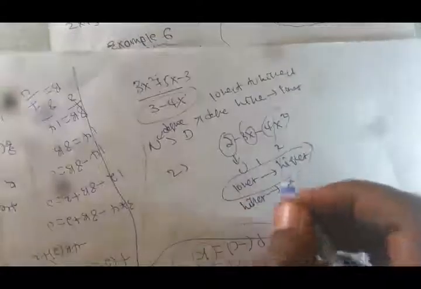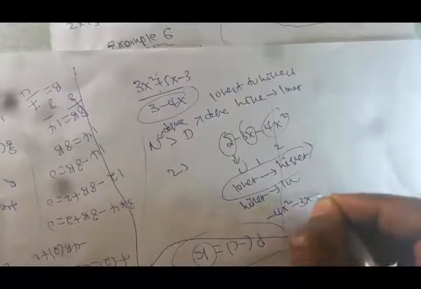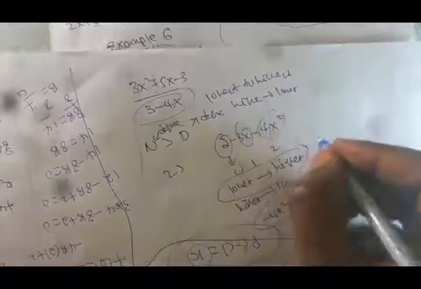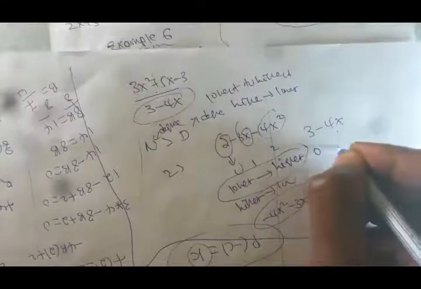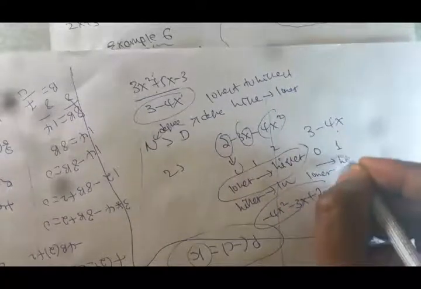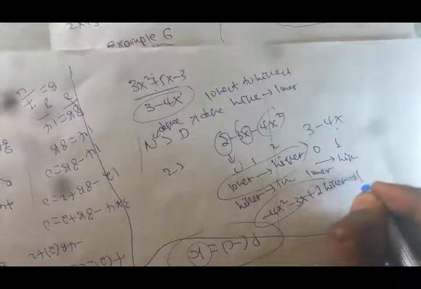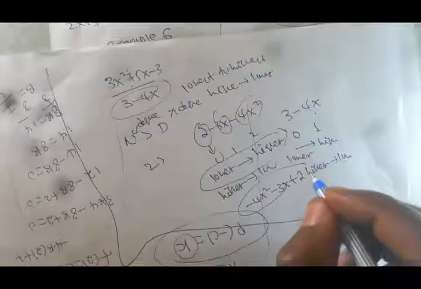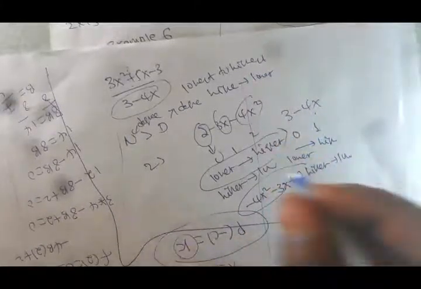So the highest is minus 4x squared, next minus 3x, then 2. Therefore in our case 3 minus 4x, the degree of this is 0, this is 1. This is from lower to higher, and it must be arranged from higher to lower. The standard form for a polynomial function must be arranged from higher to lower.